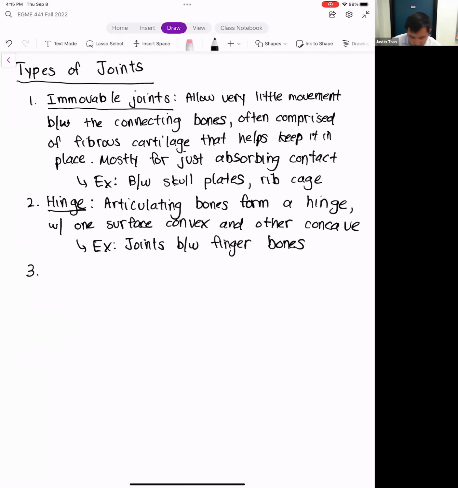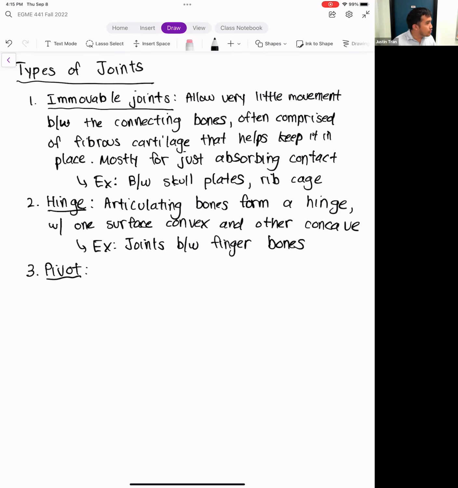Okay. And so another type of joint is a pivot joint. Okay. A pivot joint only allows rotation around a singular axis. Okay.